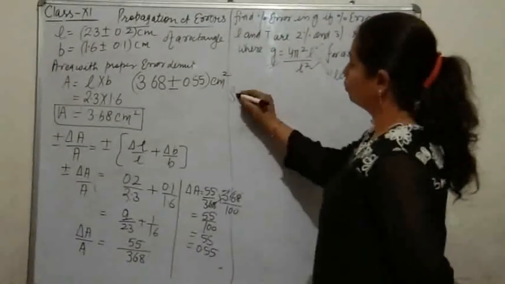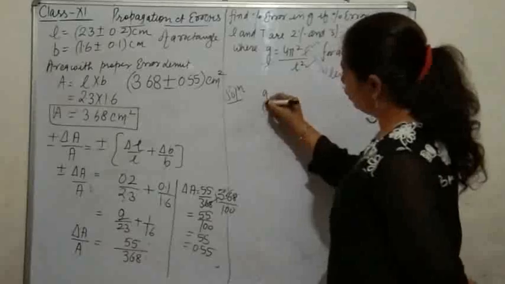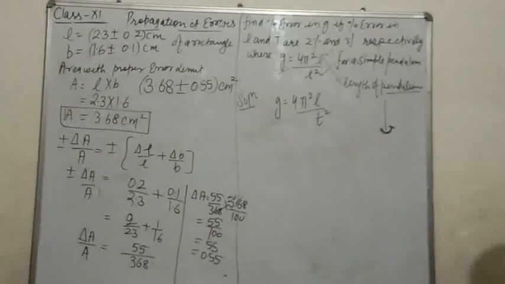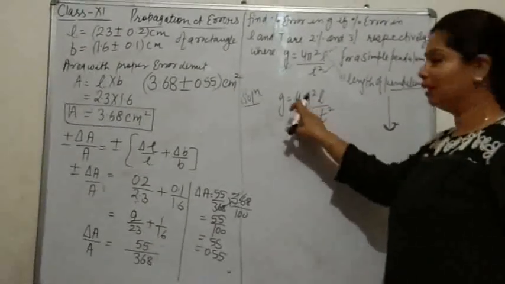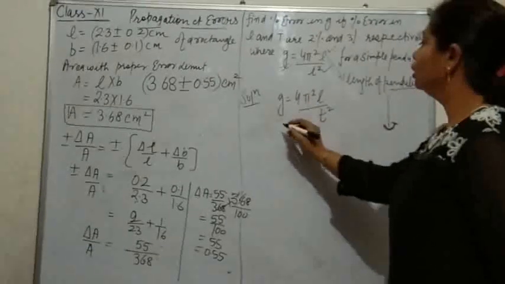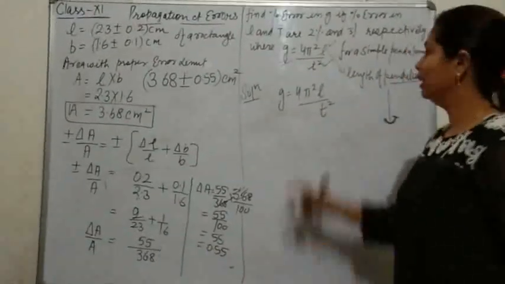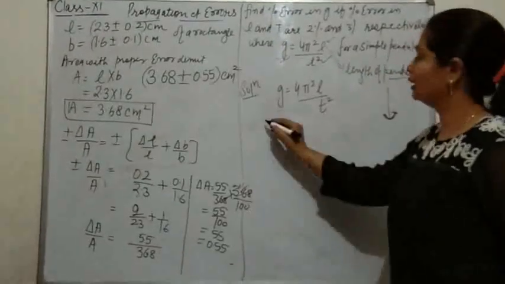Now solution. g is given to you 4 pi square L upon T square. As you know that 4 is a constant, that is a number, pi is also a constant. These two are having no error. Now you have to calculate error in g in multiplication, division. What is the result?